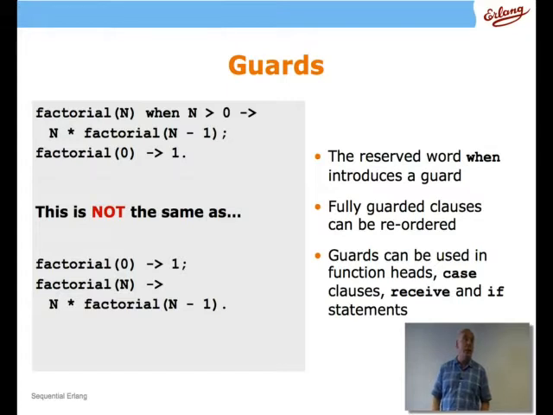You can actually use a guard in a case clause, so mixing up pattern matching there with a Boolean expression, and also in if statements. And finally in receive, which is used in the concurrent part of Erlang. But guards can't be arbitrary Boolean expressions, as I said earlier on. So what we want to do now is talk through precisely what you can use inside a guard.